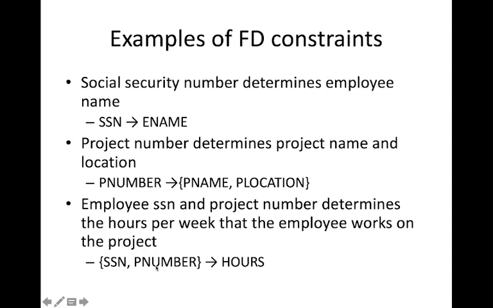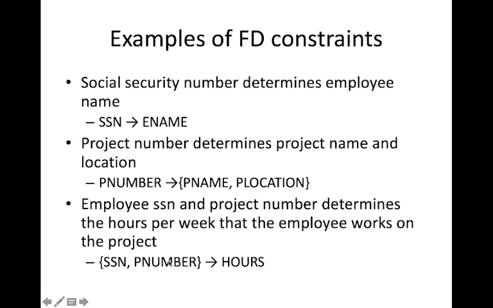So here we have a set of attributes. If we take this as x and this as y, even though we have mentioned that x is a set of attributes, here we have only a single attribute. Similarly, y has only a single attribute. But in this case, y is a combination of two attributes, P name and P location. Here, x is a combination of two attributes.